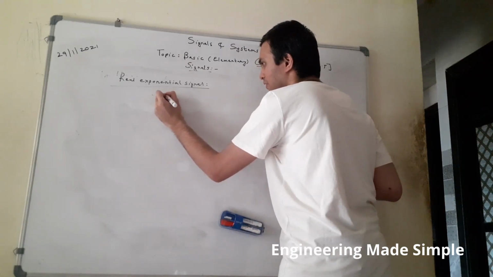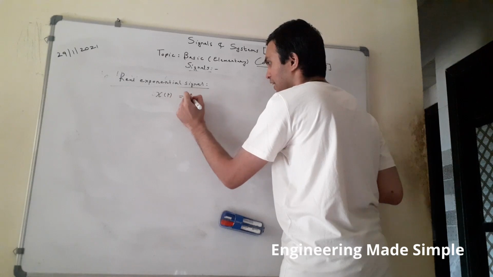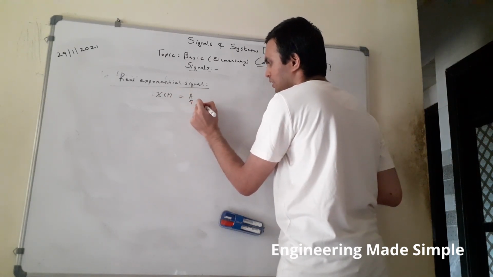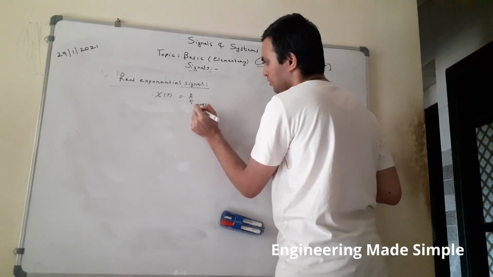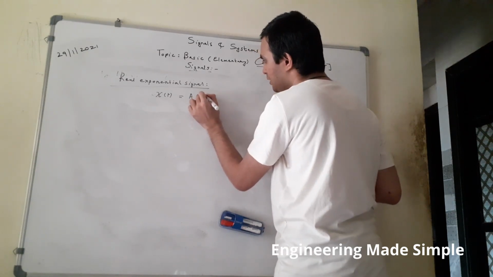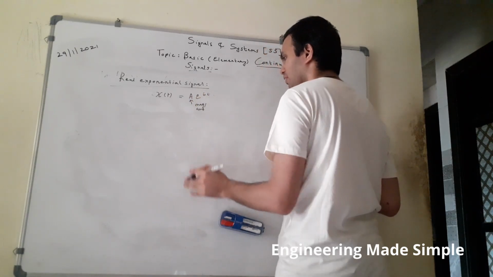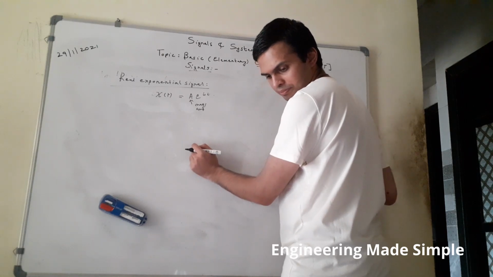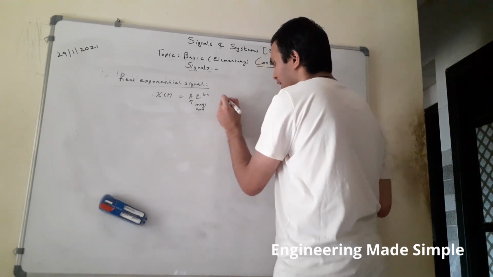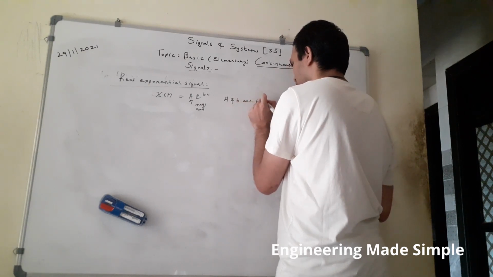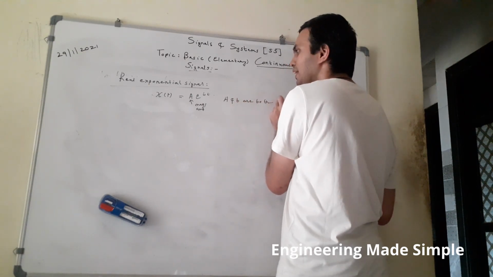When x of t is something of the sort a e raised to bt, where a is the magnitude or amplitude of the signal. Understand this particular one: here a and b are both real, because we are talking about the real exponential.